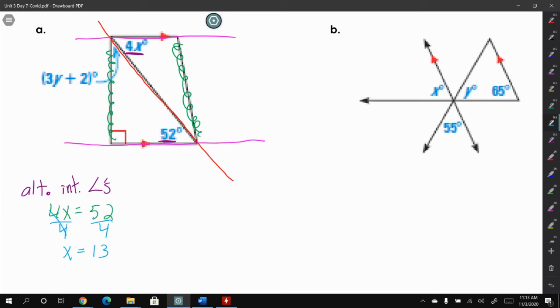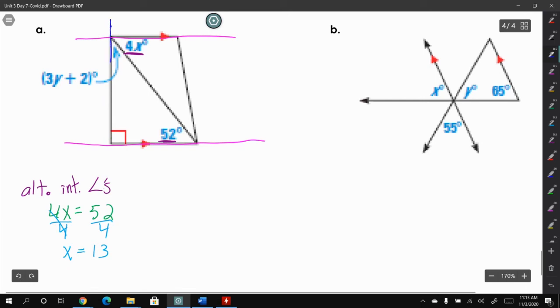Now I'm going to erase my red transversal and focus on this new, dark blue line here. So now that dark blue line is my transversal. And this box is 90 degrees.